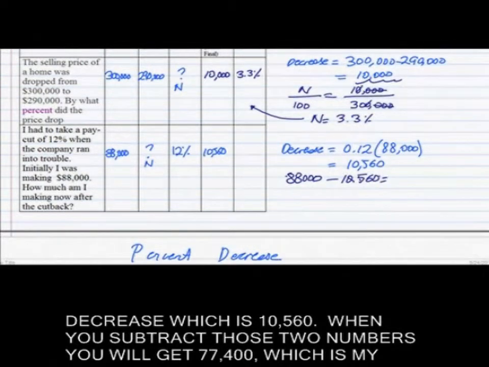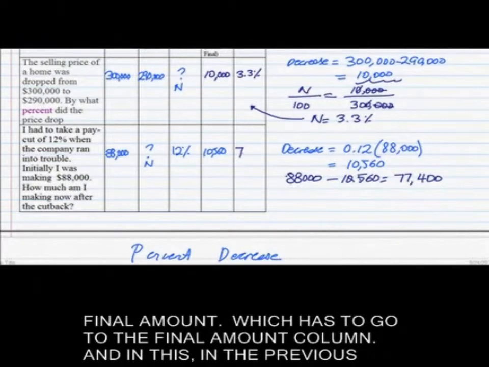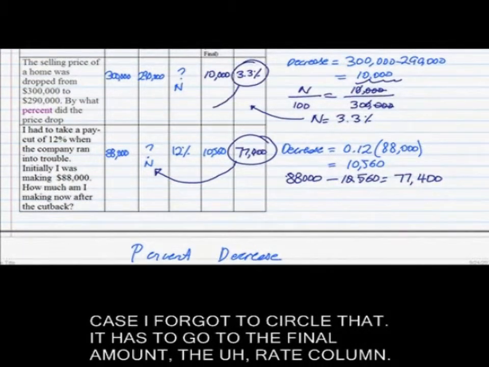When you subtract those two numbers, you will get 77,400, which is my final amount, which has to go to the final amount column. And in the previous case, I just forgot to circle that. It has to go to the rate column.